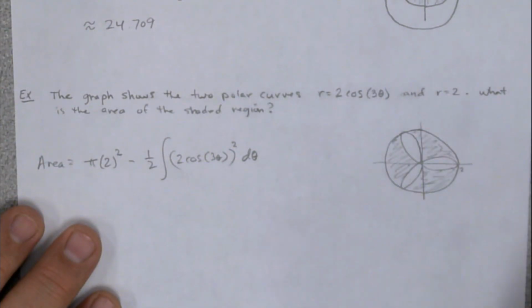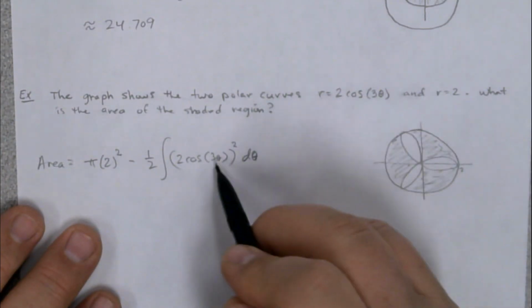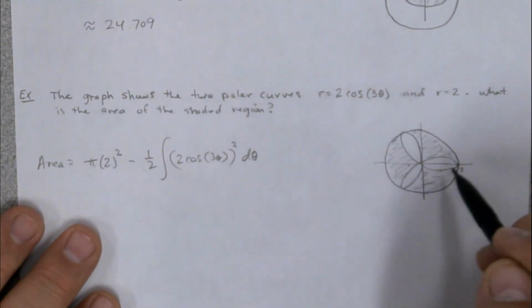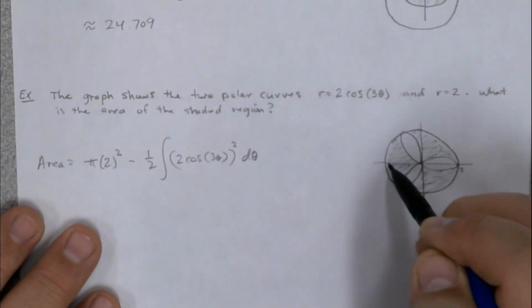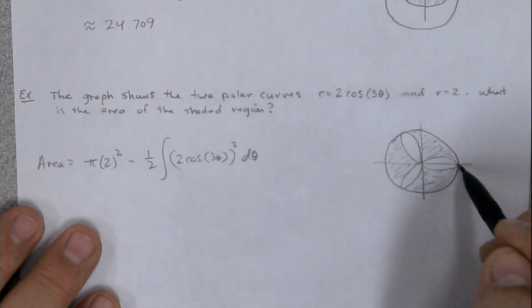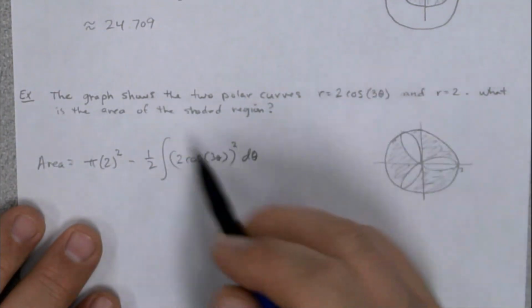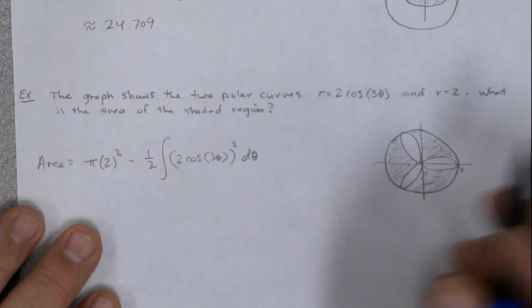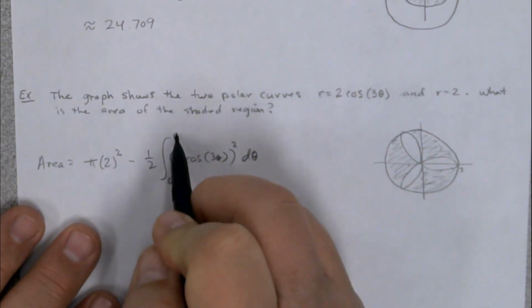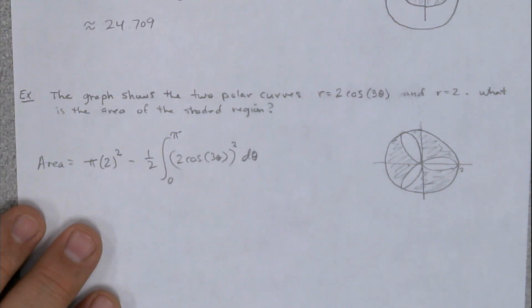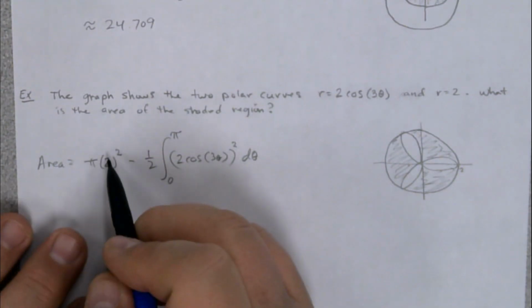This is where it's important to pay attention to what those curves do. Because 3 is odd, it generates the entire curve from 0 to pi. If I continue from 0 to 2 pi, this rose curve is generated twice, and I would have too much area here. So I have to go from 0 to pi.